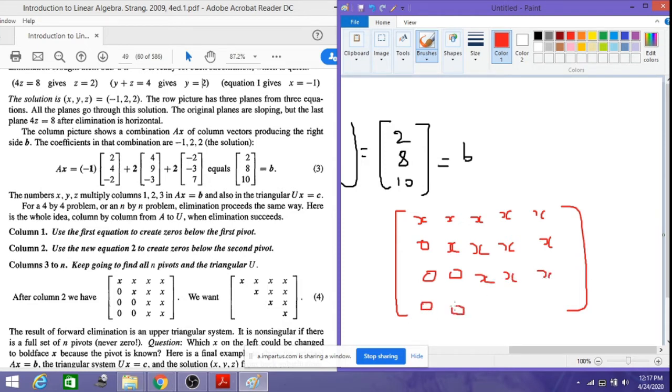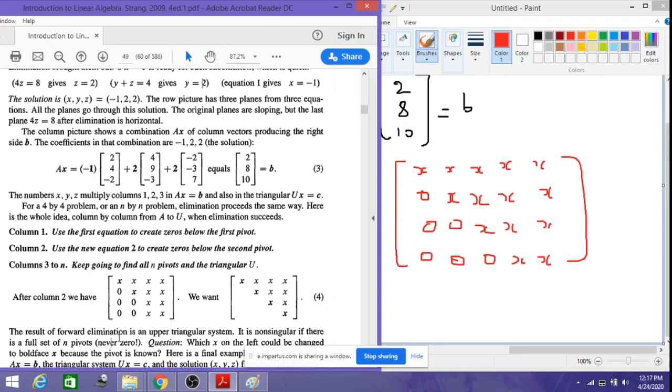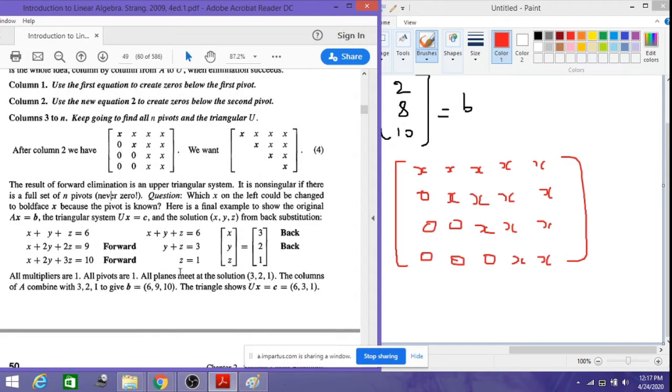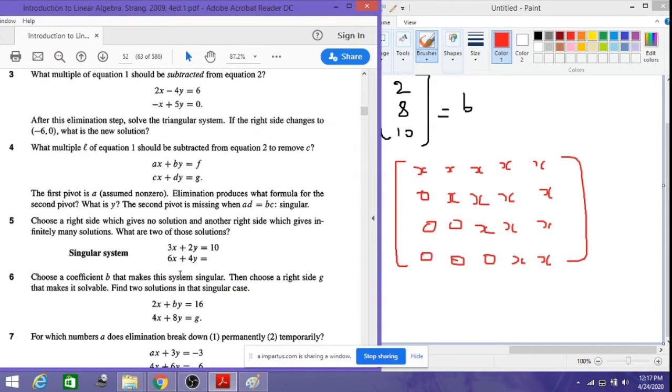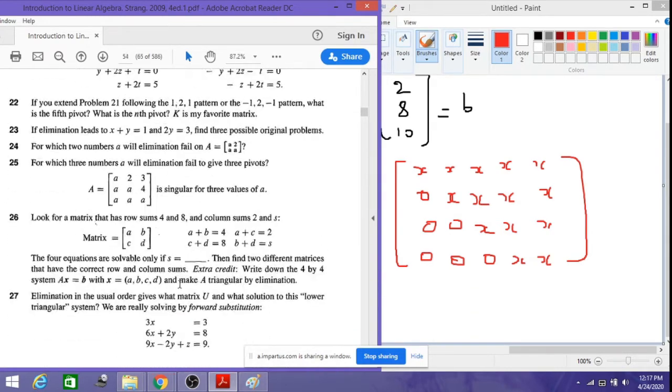So likewise this process continues for an n cross n matrix. So this is the method to find this. Now let us go for the next topic.